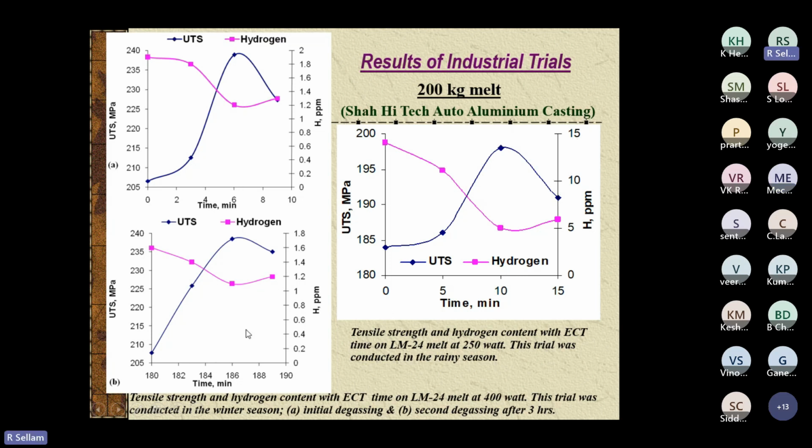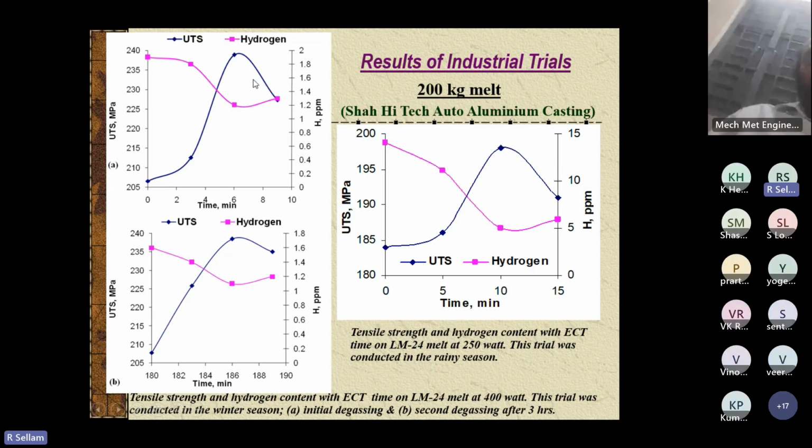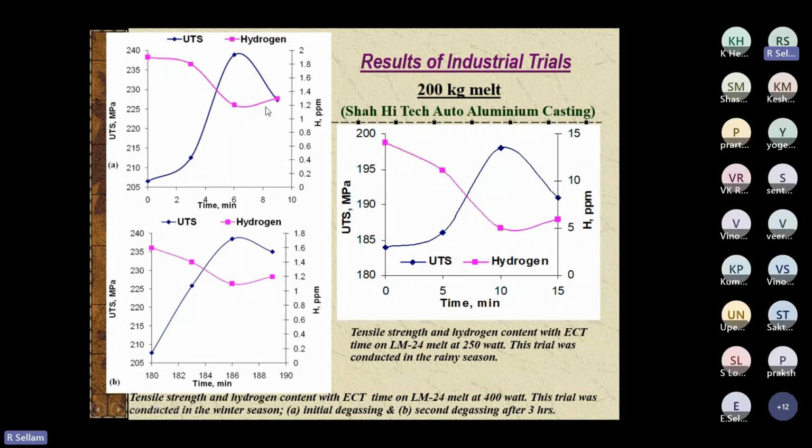But in the winter season you can conduct it the same way. The UTS gradually increases, hydrogen gradually falls, and after 6 minutes, it may be 5 minutes also, because the scale is 4 to 6, we get the minimum. Then hydrogen increases again and mechanical property drops.